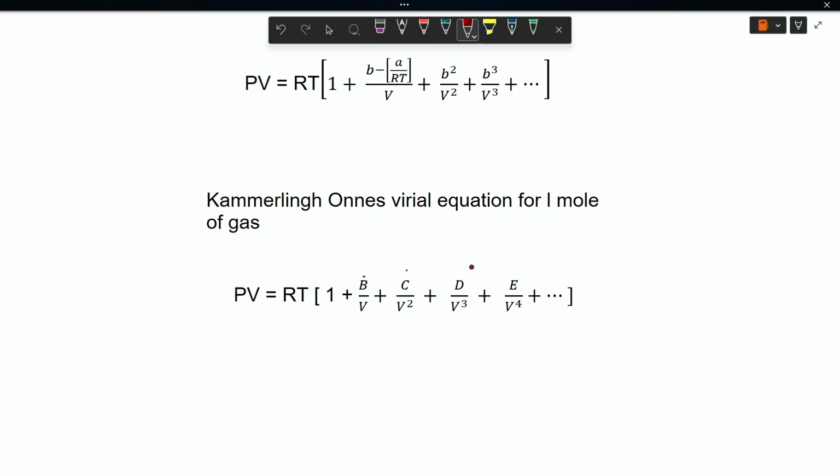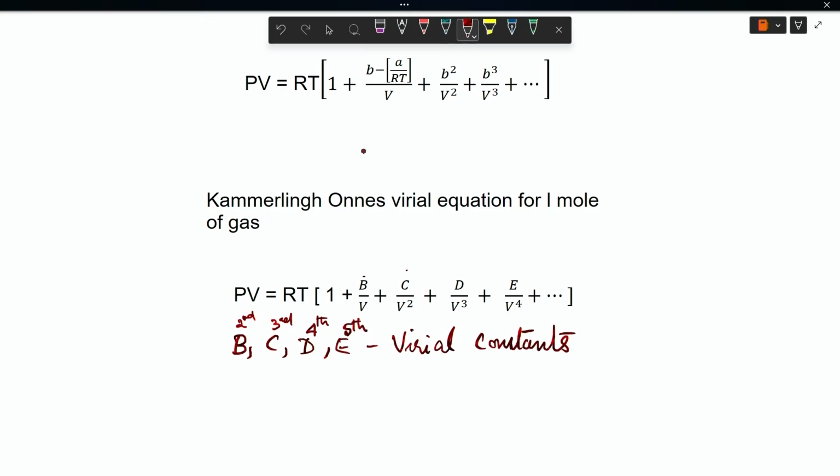B, C, D all are known as virial constants. B is the second one, C is the third constant, D is the fourth constant and E is the fifth constant and so on.